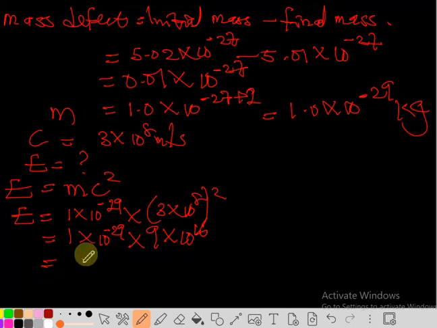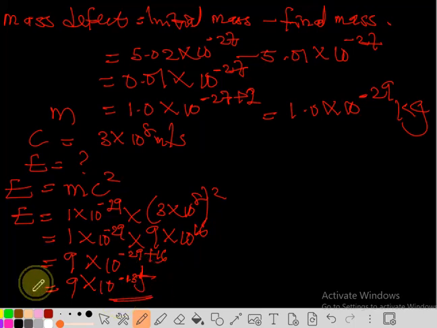Multiply the whole numbers: 9 times 1 gives 9 times 10 raised to the power minus 29 plus 16, which is minus 13 joules. So therefore the energy released during the nuclear reaction is 9 times 10 raised to the power minus 13 joules.